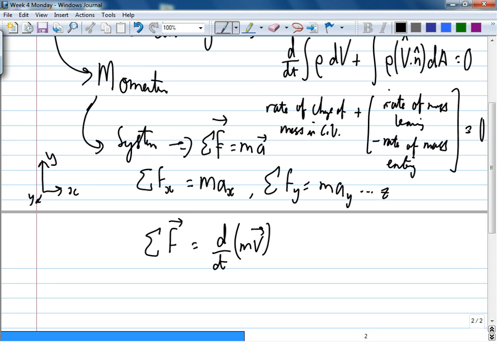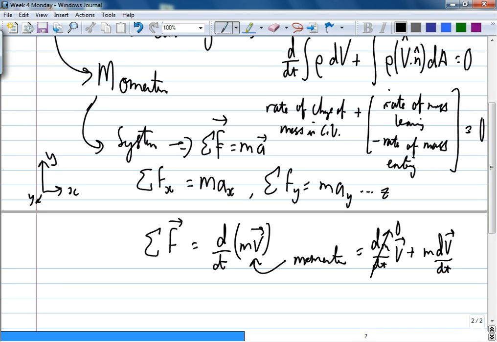The way Newton's second law was actually written, the sum of forces is the rate of change of momentum. mv is the momentum, mass times velocity. But normally, if you do the chain rule, dm/dt times v plus m dv/dt.